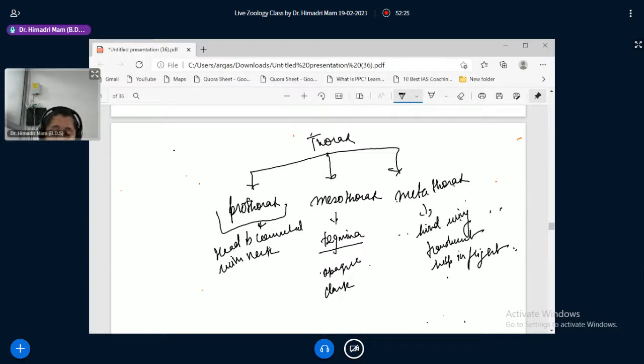The abdomen of male and female both is divided into 10 segments.